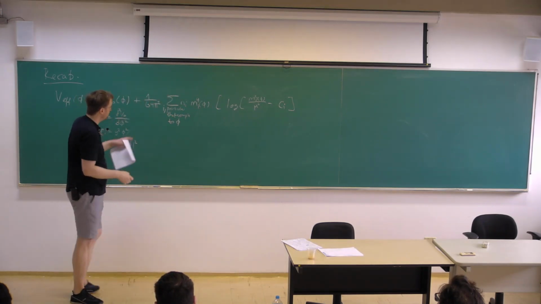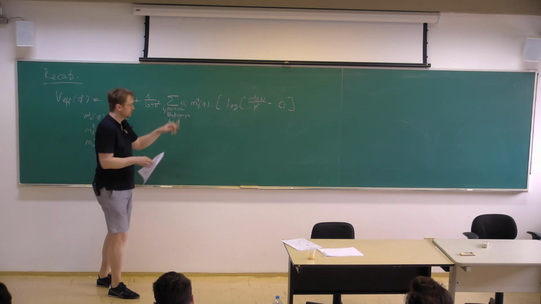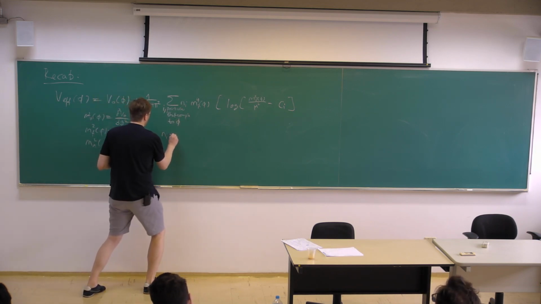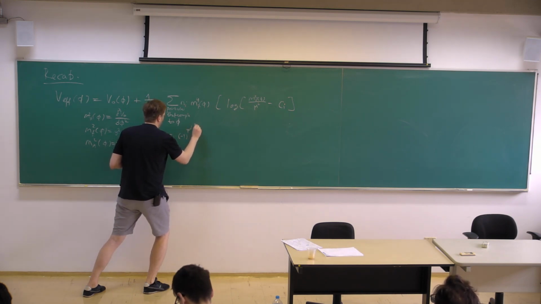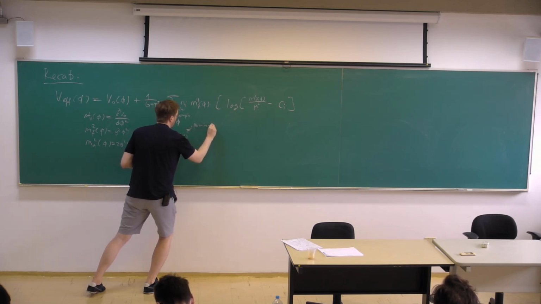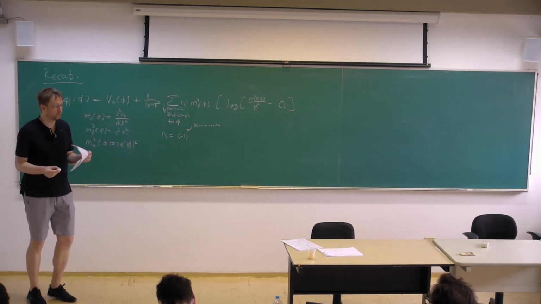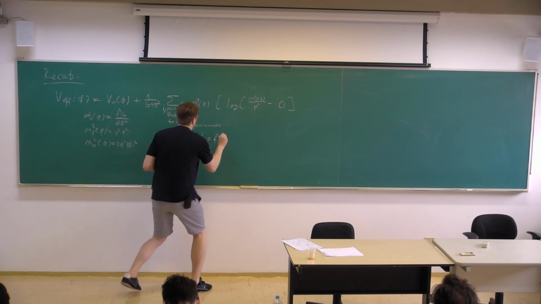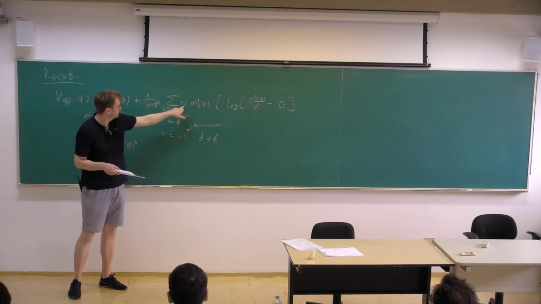And then as we saw, this counts the number of degrees of freedom. And also there's a potential minus sign for fermions. So N_i is equal to minus 1 to the fermion number times the number of degrees of freedom. It's a fancy way of saying it's 1 for a boson and minus 1 for a fermion, times the number of degrees of freedom. Remember, for a massive vector we had 3 here in front, so this would be 3.